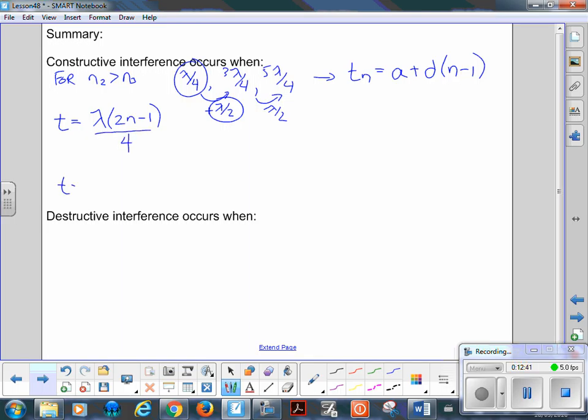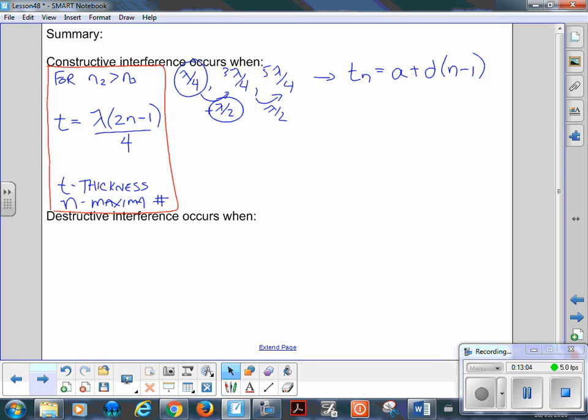Okay, so T is your thickness. N is your maxima number. So that is for when we have N2 greater than N3, when we're going from a film back into air.